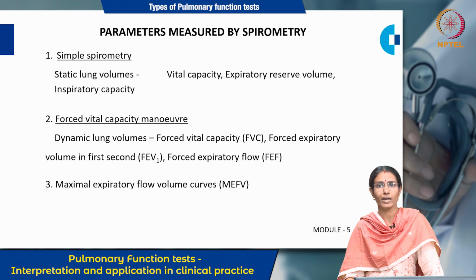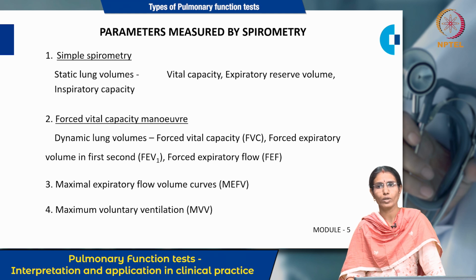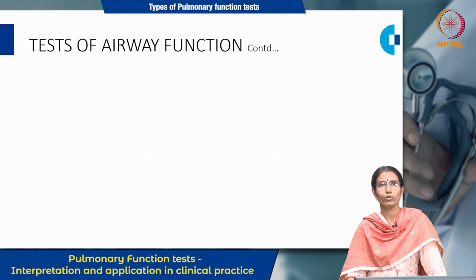And then the other parameters which can be measured are the flow volume curves, and the maximum voluntary ventilation. All these are the parameters which can be measured using the spirometry technique, and this will be done in detail in module 5.